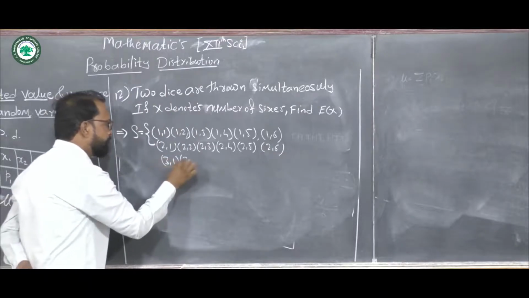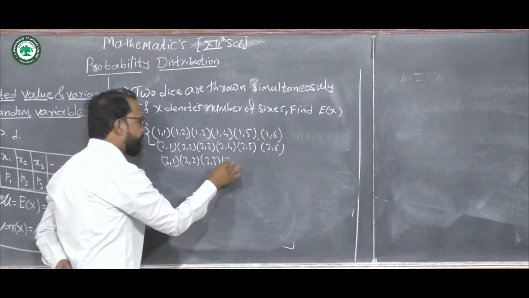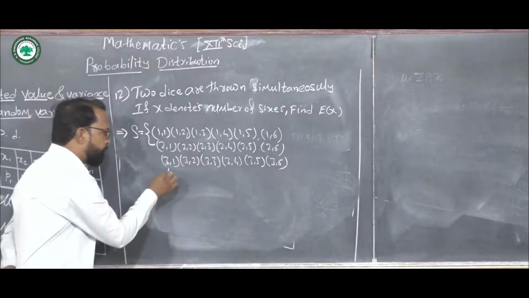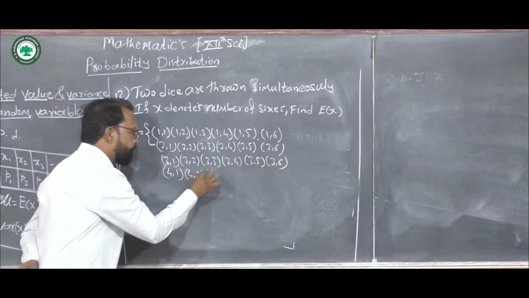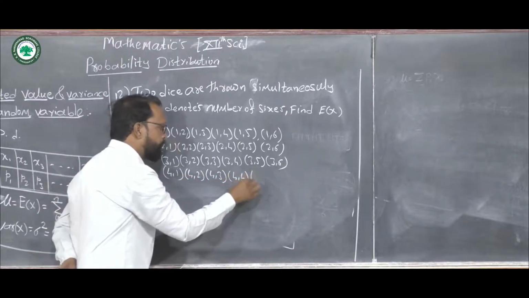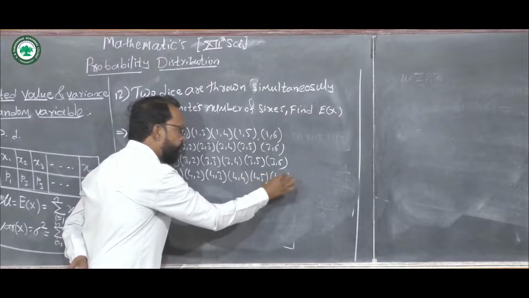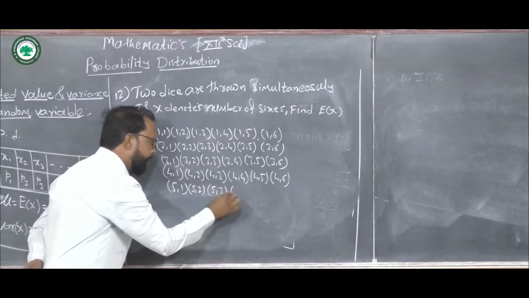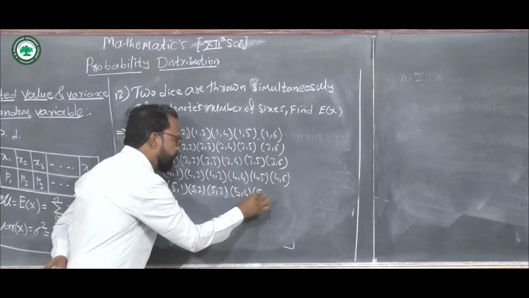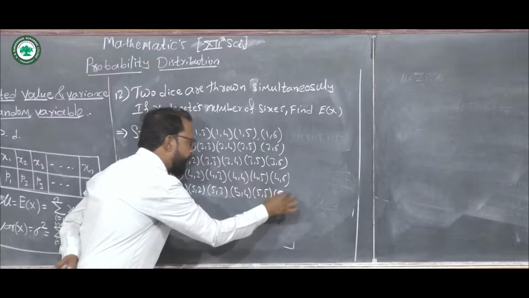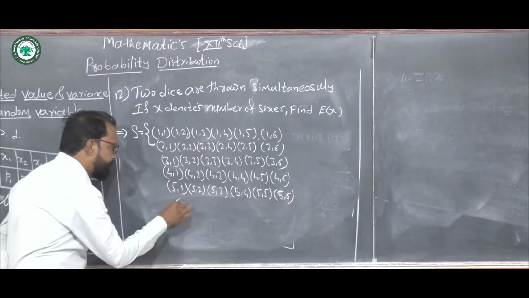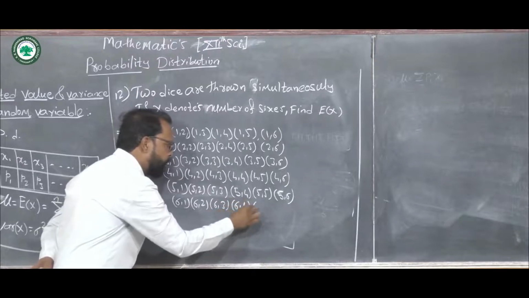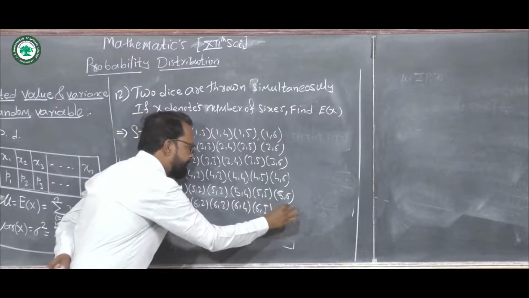Then next 3 1 through 3 6, next 4 1 through 4 6, next 5 1 through 5 6, and next 6 1, 6 2, 6 3, 6 4, 6 5, and 6 6.